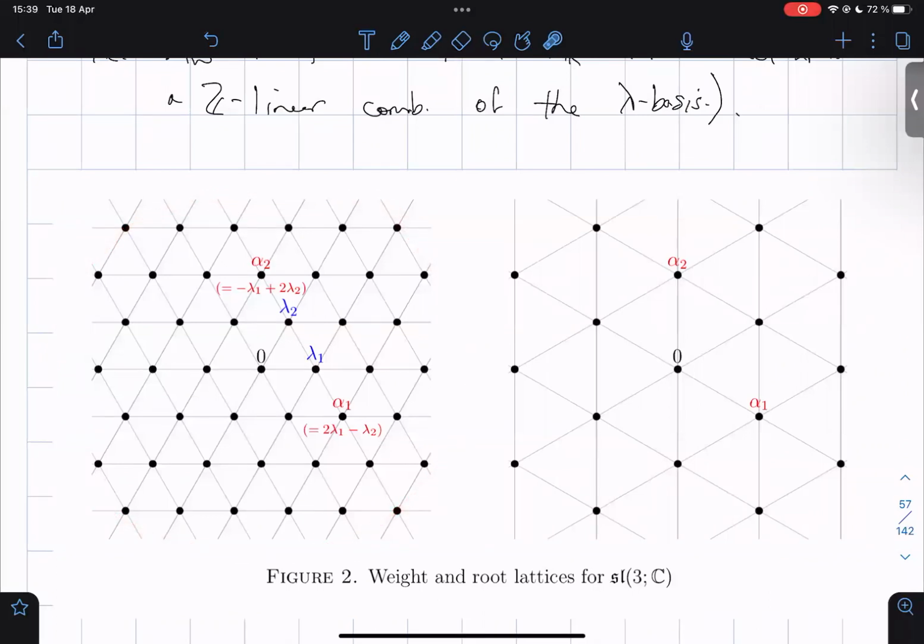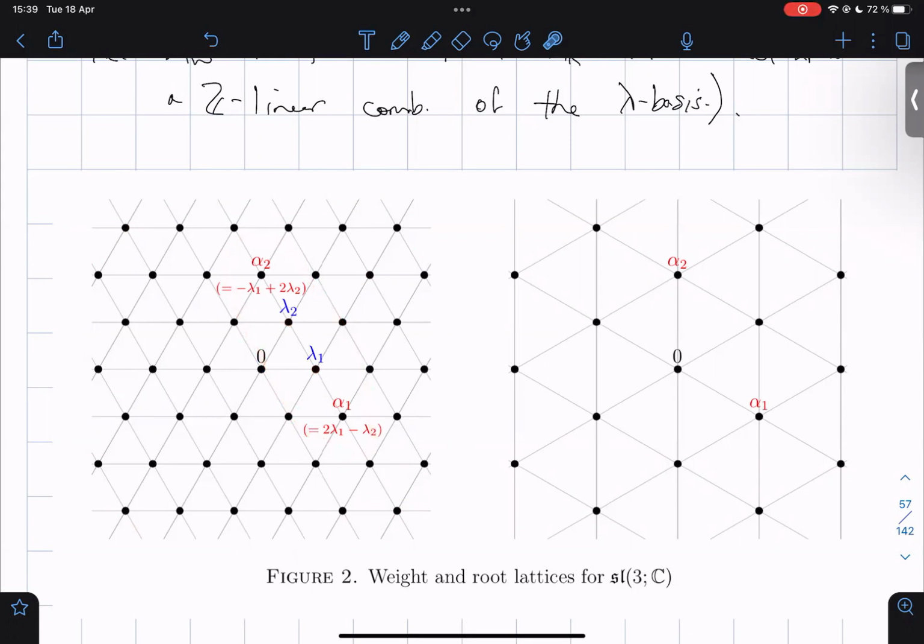Here's alpha 1, here's alpha 2, and alpha 1 plus alpha 2 is this one right here. If you plot lambda 1, it's right there, and lambda 2 is right there. So there's that collinearity.